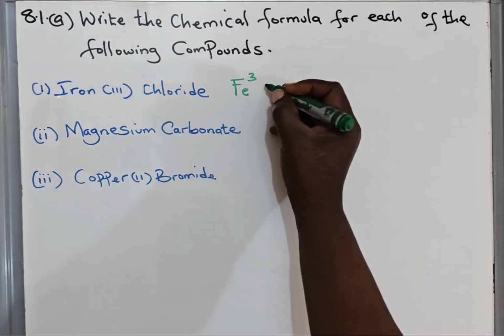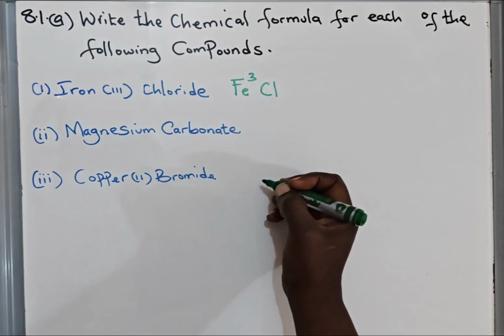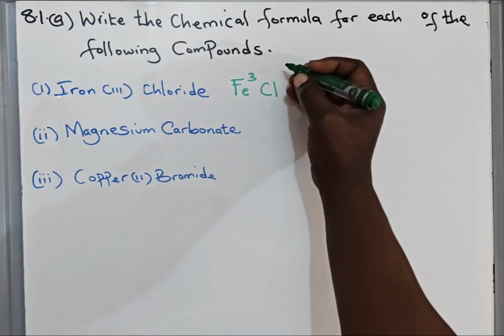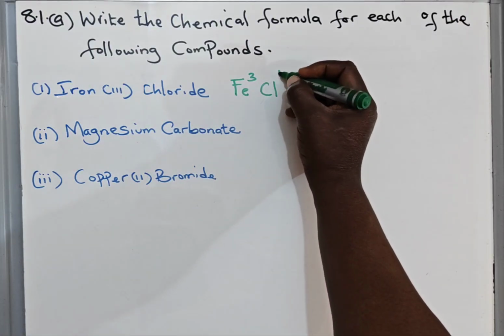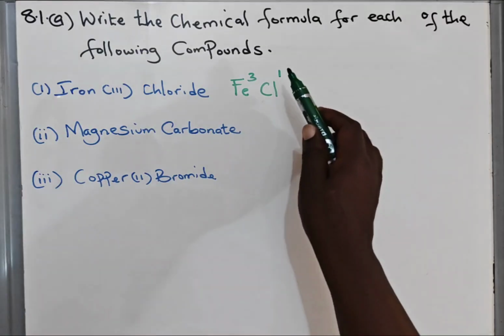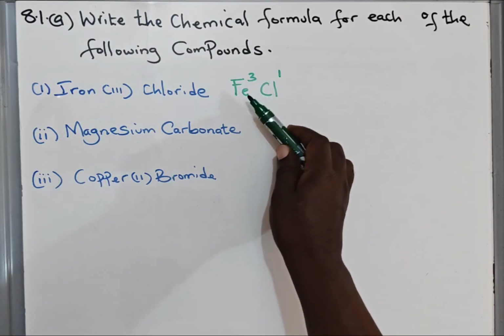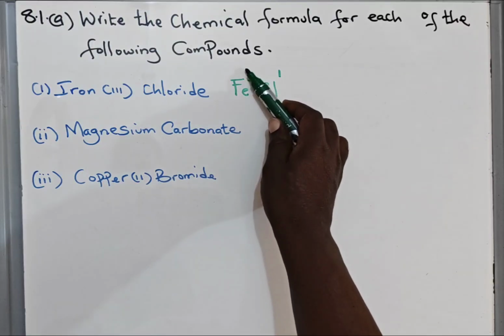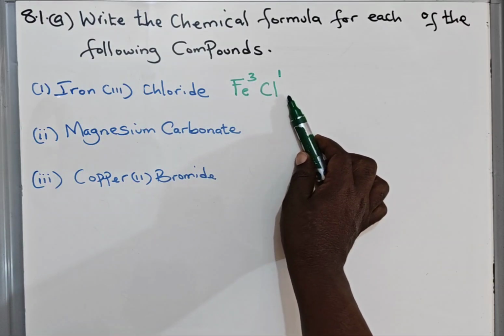And we have chlorine, which is group 17, and its combining power is 1. During the writing of the chemical formula, the number here is taken up by this, so it becomes the subscript of this, and the number here becomes the subscript of this.